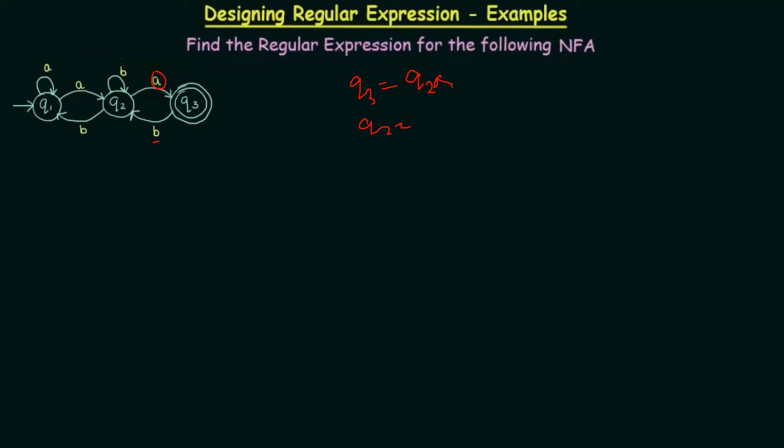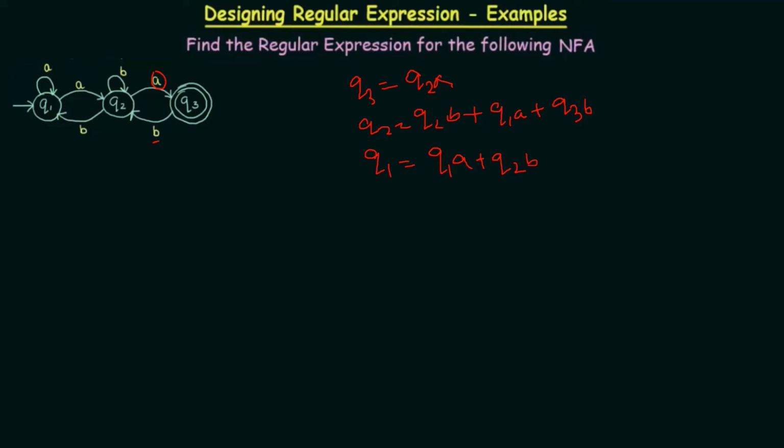So for Q2, the incomings are Q2B, the self loop, from Q1 we are getting Q1A, and from Q3 we are getting Q3B. For Q1 we are getting a self loop on Q1, and also an incoming from Q2, so that is Q1A plus Q2B.